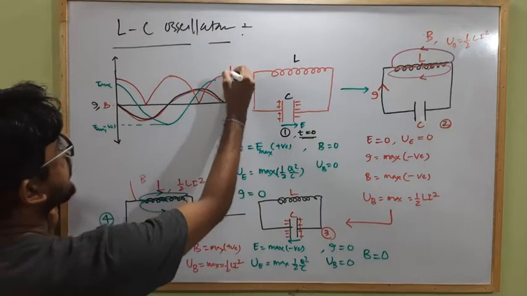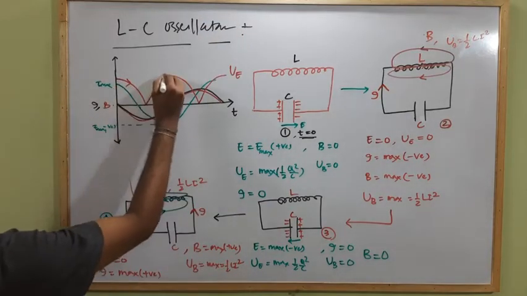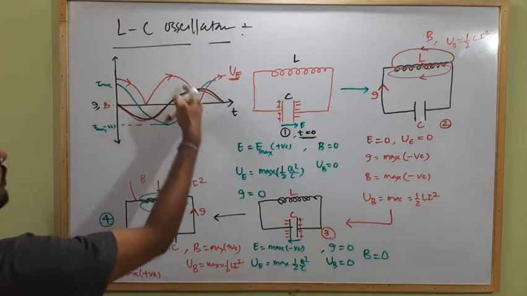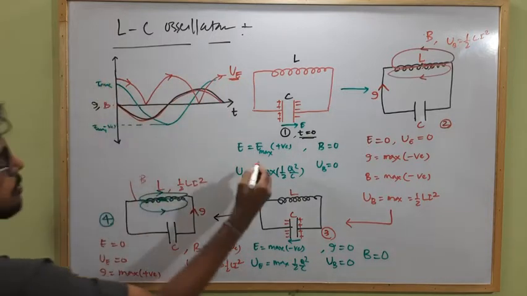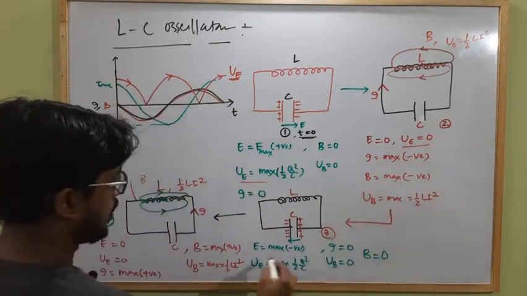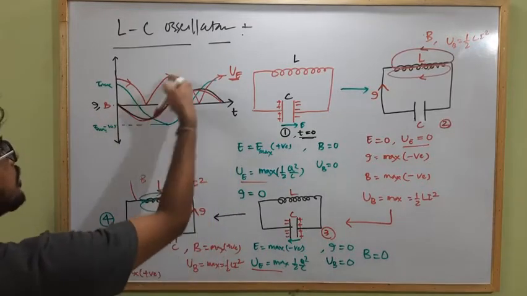So this is UE, the electrical energy, like this. This is the graph for UE: maximum, 0, then maximum, then 0, again maximum, like this.